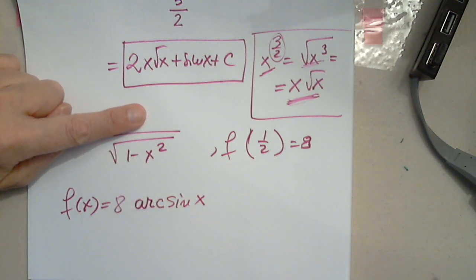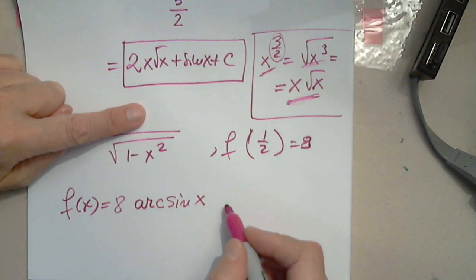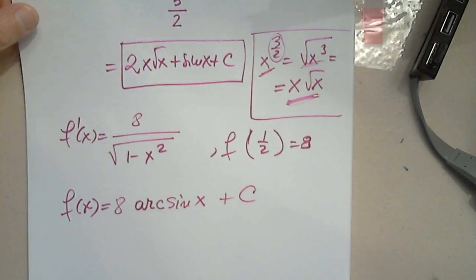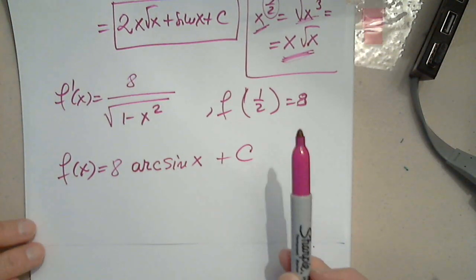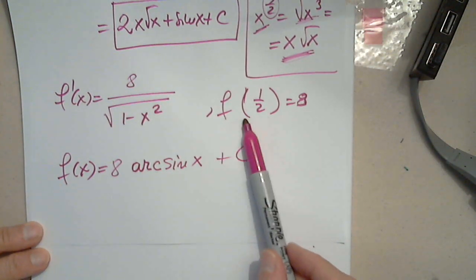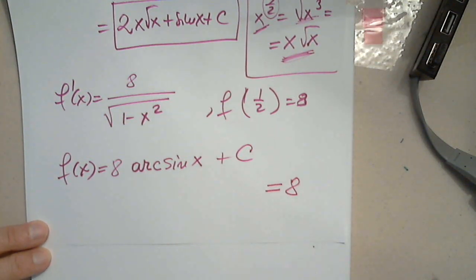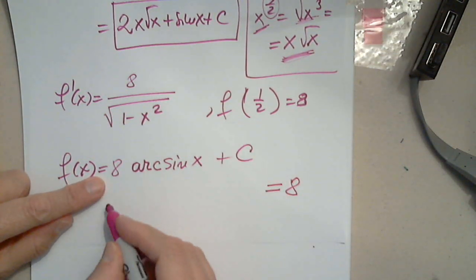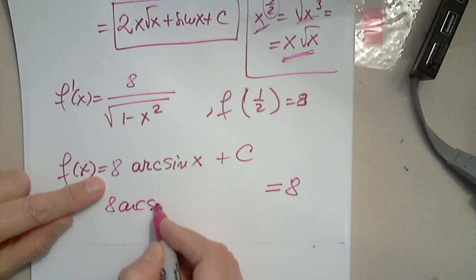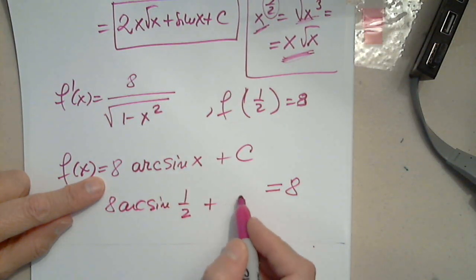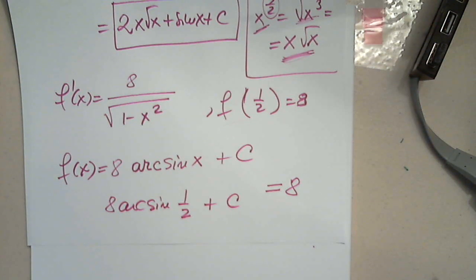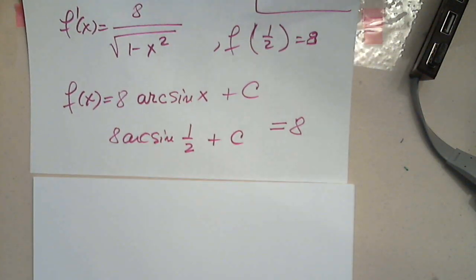The one with plus in front is arcsine. Okay. Perfect. Of course, plus a constant c. And now I have to replace x by 1/2, and I'll get 8. So f of 1/2 is 8. Arcsine of 1/2 plus a constant c. Arcsine of 1/2, we know what that is.